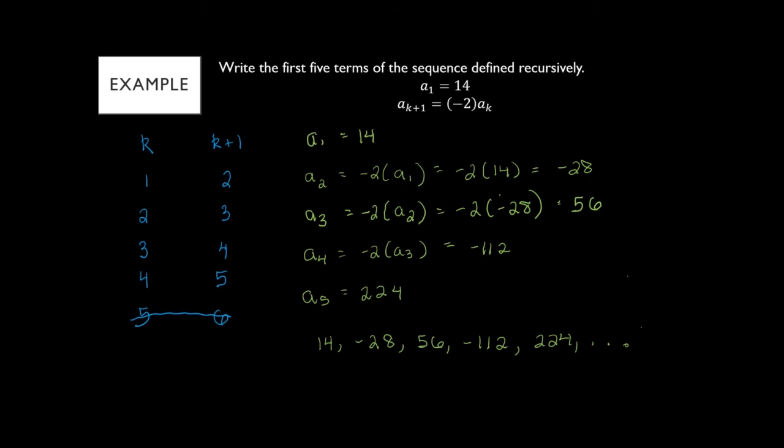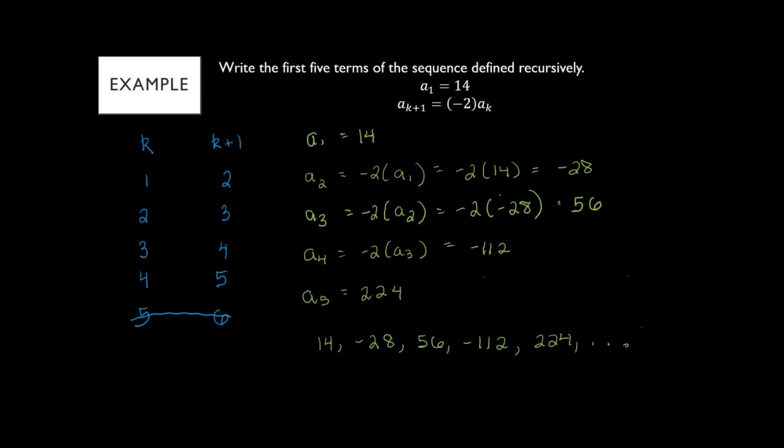So I see. That's what I did in blue here: I said, okay, I'm actually going to start with k equals 1. So that's what I did on my k first, 1, 2, 3, 4, 5. And then I did k plus 1, which gives me 2, 3, 4, 5. And so that's how I knew that I start with A2 versus k equals 2. I'm really using k equals 1.